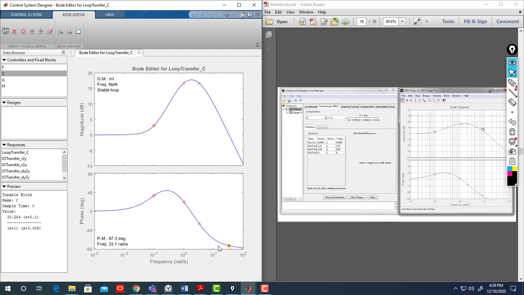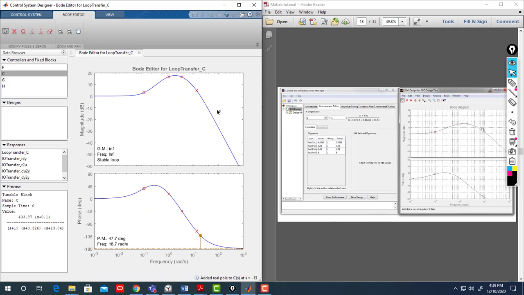Also, the angle went to minus 90. If you want to add one more pole, this is going to be minus 40 decibel per decade, and the angle will go to minus 90, minus 90, minus 180. So here it was minus 20, here minus 40 decibel per decade slope, and here the angle goes to minus 180.